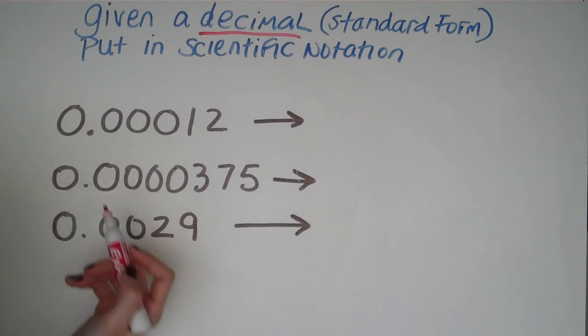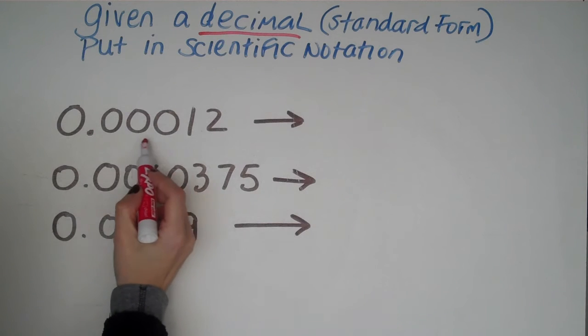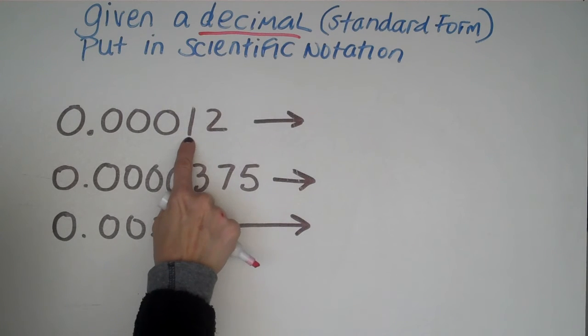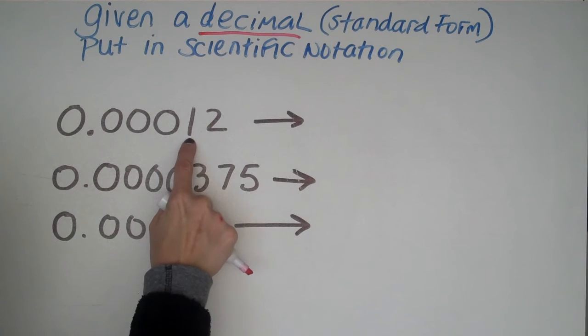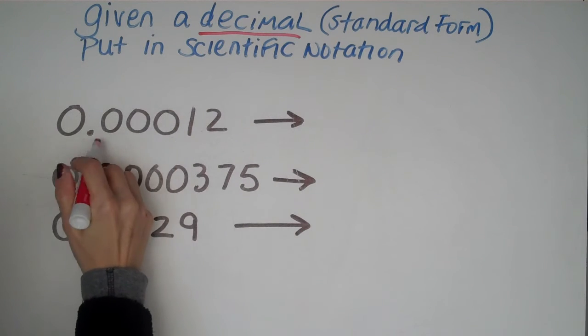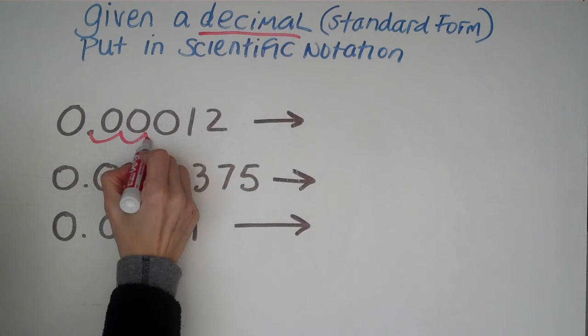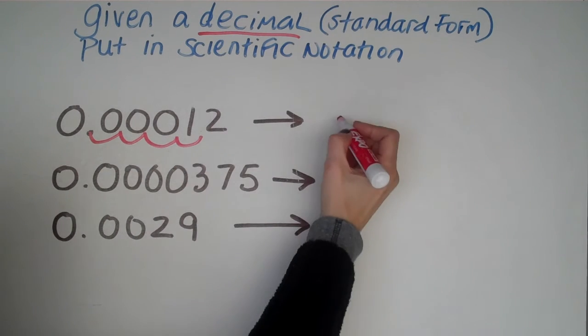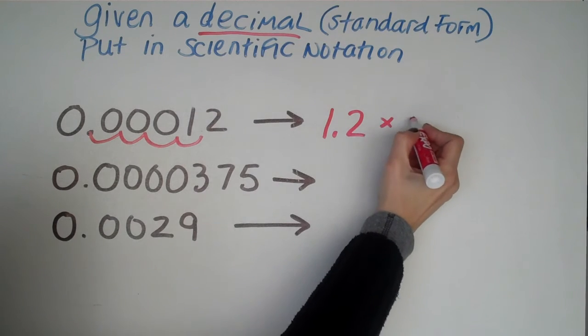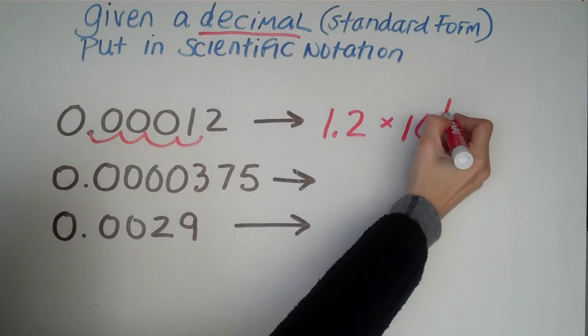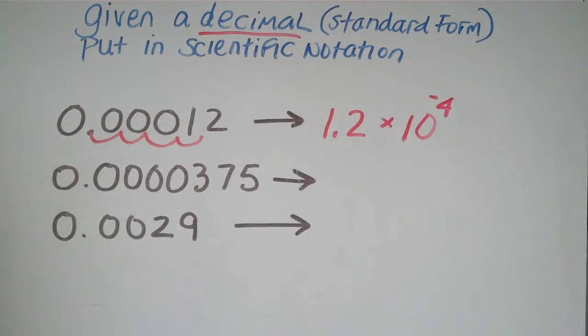This time it's over here and we can see it. We're going to go to the first significant number, which is this number 1, bypassing all these zeros, right? This is the first number we're looking at. So we're going to count till we get there. 1, 2, 3, 4.